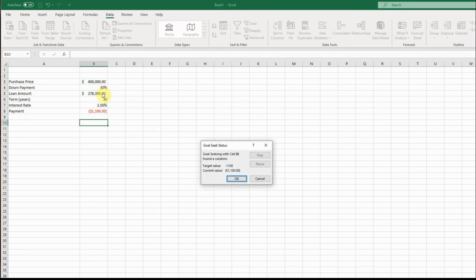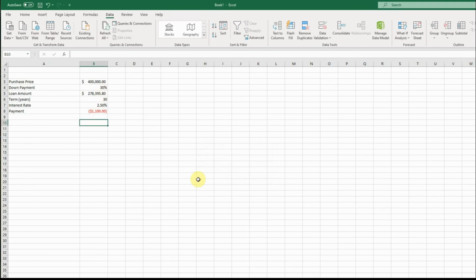So you're going to need to increase that down payment by that much to get it. So anyway, a little bit about how we can use two different functions, the payment function, but we can also use that goal seek so that we don't have to keep moving this trial and error down. We can just do it one time and then get that number that we want.